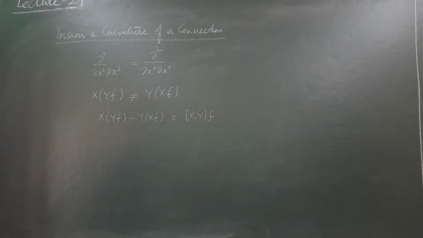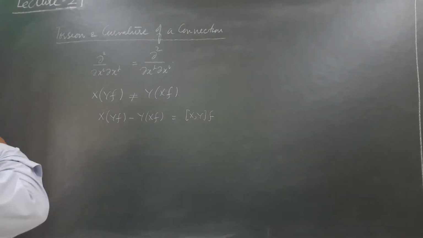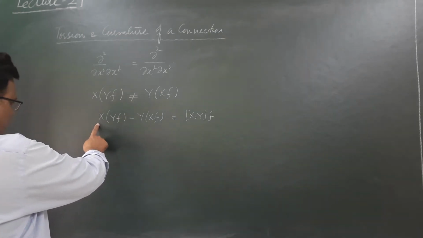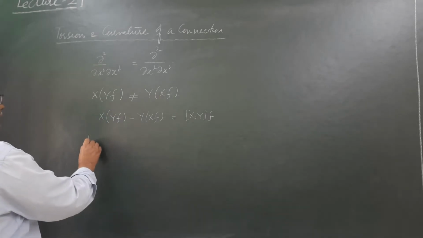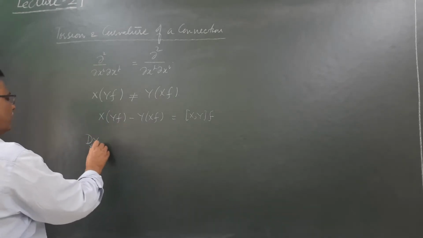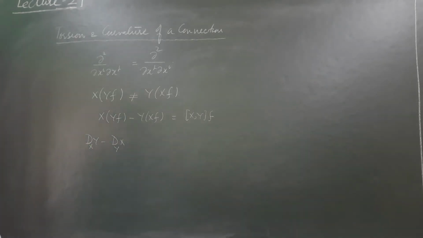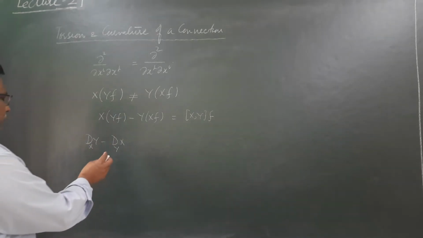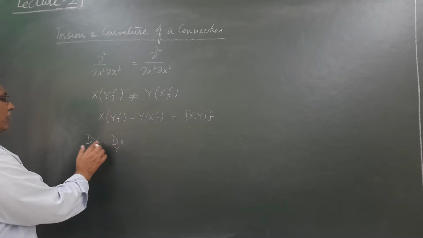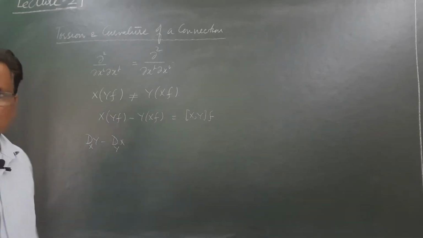All right. Now the same question can be posed for covariant differentiation. So now I think of Dxy minus Dyx. That too is not the same. Dxy may not be equal to Dyx in general.